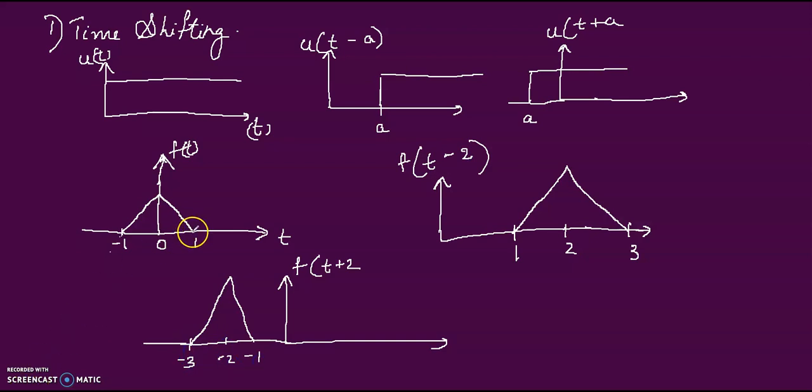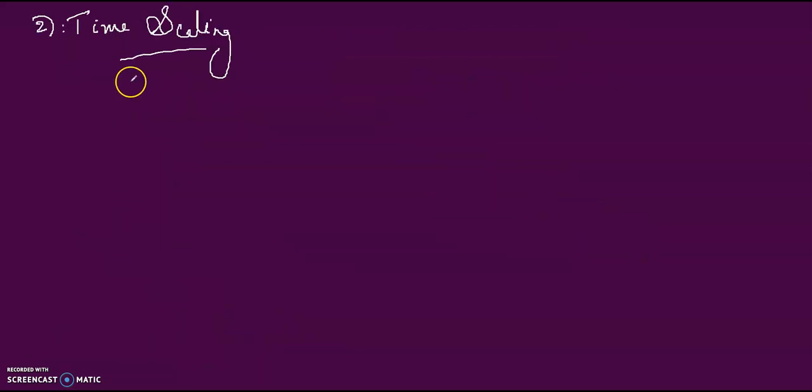That is, the position 1 has shifted by 2 units towards the left. That is 0, -1. That is, this position is aligned with this position. And 0 has become -2 and -1 has become -3. This is time shifting property. Next is time scaling property.